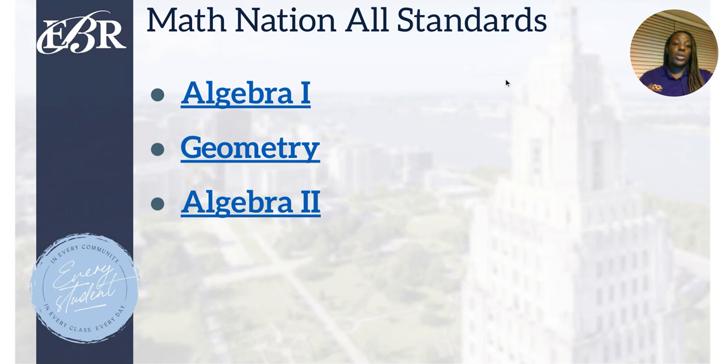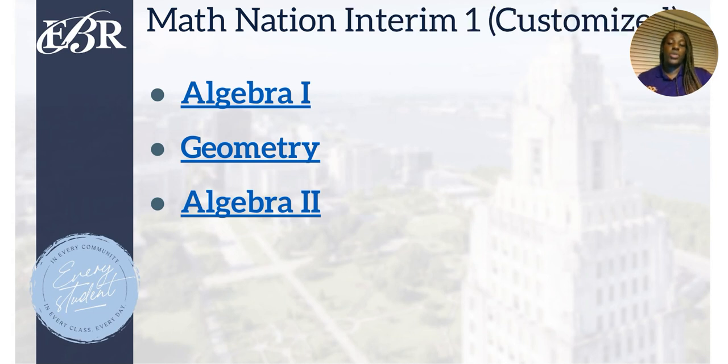And if you want to cut it and customize it based on the assessment you gave or the check for understandings that you've done or the end of module assessments or whatever assessment that you're utilizing at that moment, if you want to customize it towards that, your CFAs, then you could do so. So this one includes all the standards, but I'm going to be utilizing the one for Interim 1.